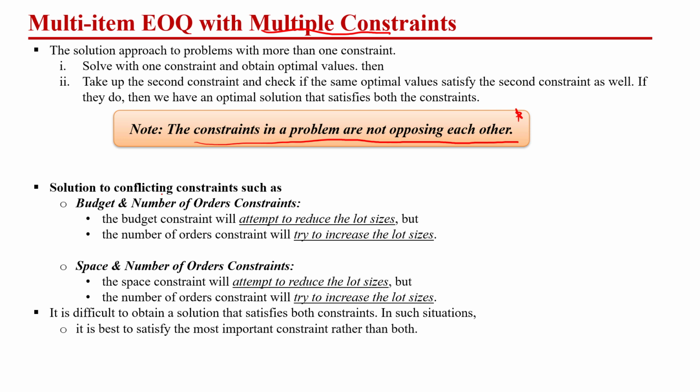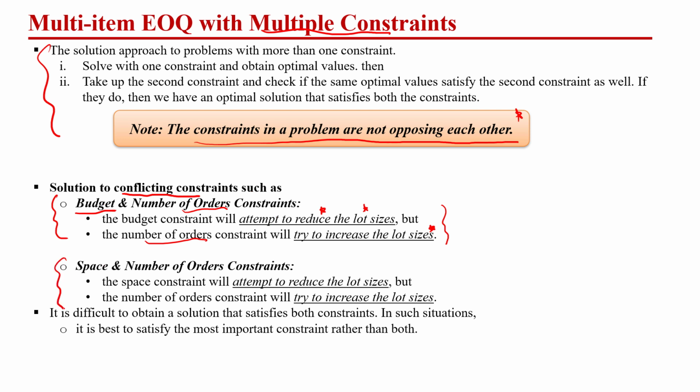But if we have conflicting constraints, two or more, like a budget and the number of orders: in a budget constraint we try to reduce the EOQ, but with the number of orders, since our ordering cost should be reduced, we try to increase the lot size. Here we cannot adopt this approach, so you can use Excel solver, which is a non-linear programming approach.